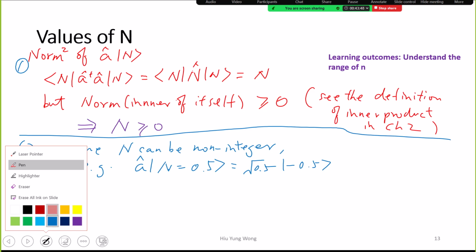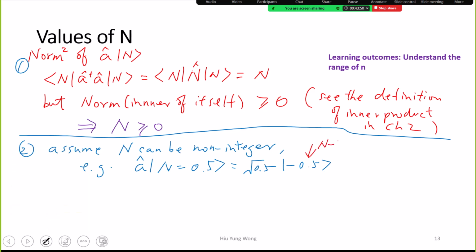Because this is n minus 1. But this contradicts what we said, the fact that n needs to be larger than or equal to 0.